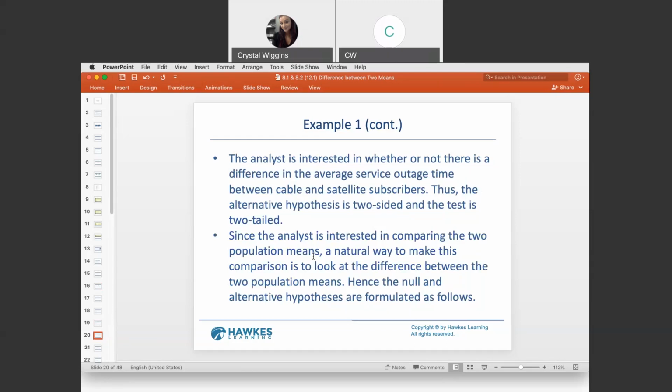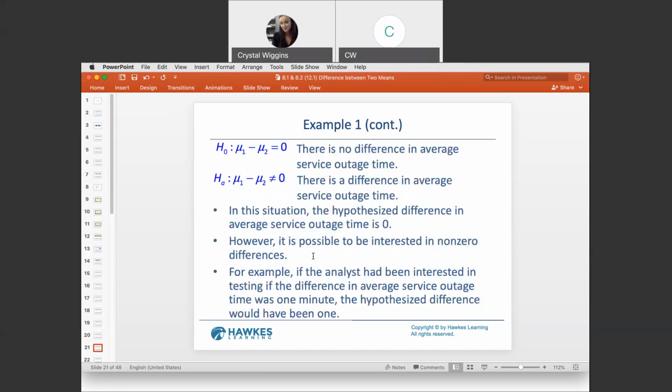Since the analyst is interested in comparing the two population means, a natural way to make this comparison is to look at the difference between the two population means. Hence, the null and the alternative hypothesis are formulated as follows. So our null hypothesis is mu1 minus mu2 is equal to 0, indicating that the difference between the means is nothing.